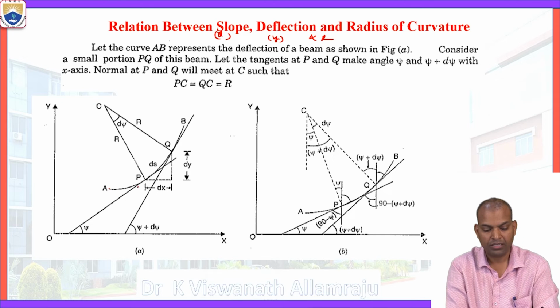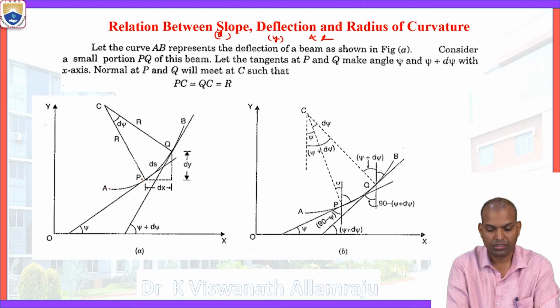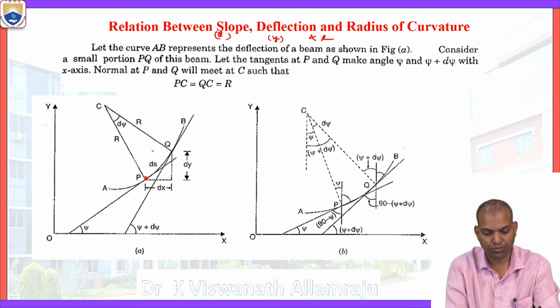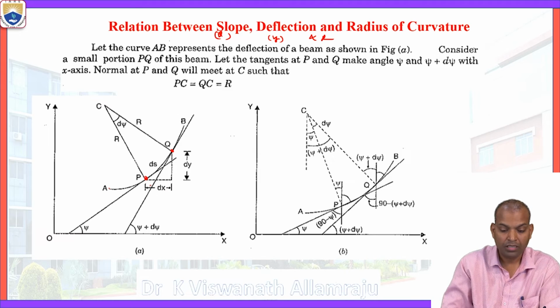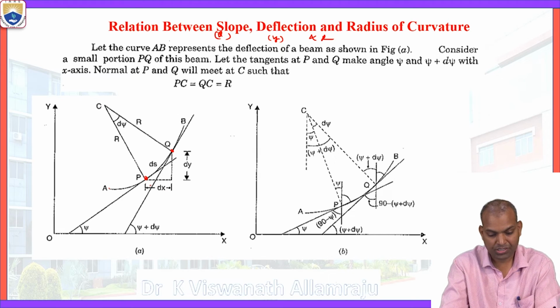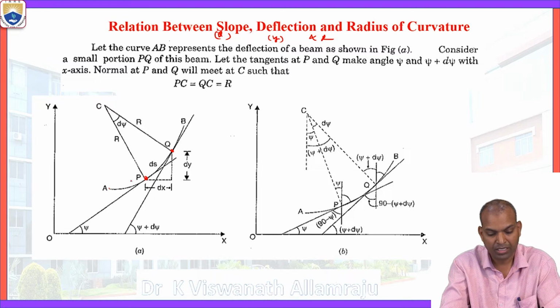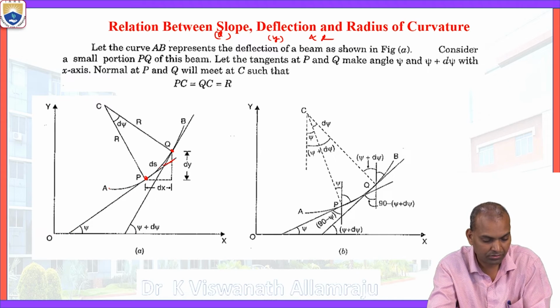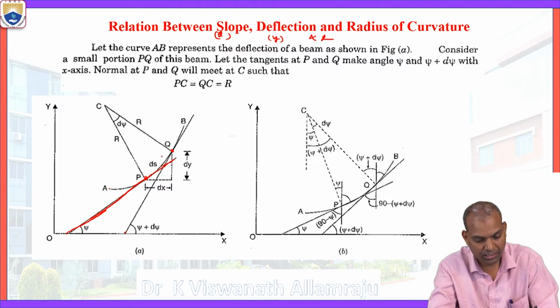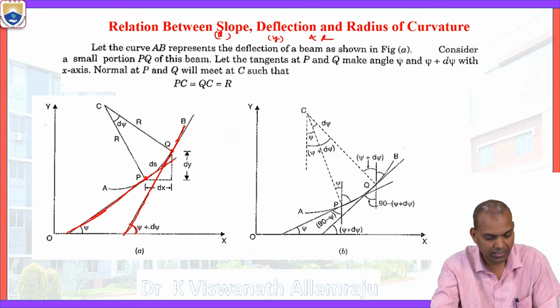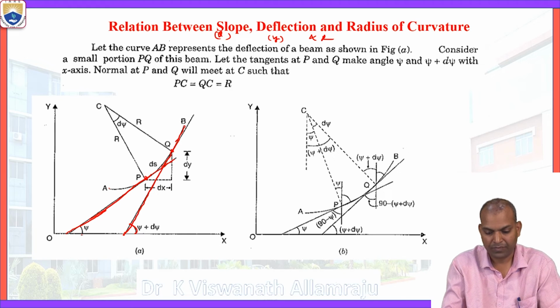From the same curvature AB, we consider a small elemental portion PQ of the beam. We have drawn tangents at point P and point Q. Those tangents make angles with the x axis, psi and psi plus d psi.